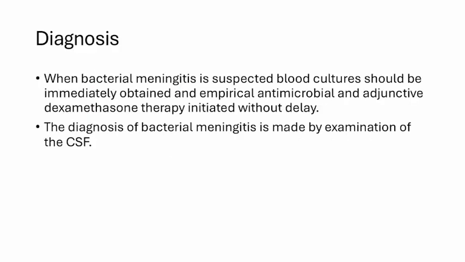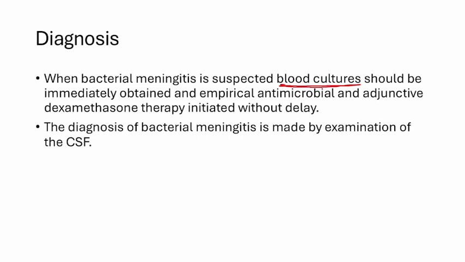How will you diagnose this patient? First of all, whenever the patient comes to you in the emergency in a state of altered sensorium, or with fever, headache, nausea, vomiting, projectile vomiting, nuchal rigidity, right? You suspect bacterial meningitis because it is fever, and most of the time it is bacterial. The first thing you have to do is draw a blood sample for blood culture before initiating the antibiotics.